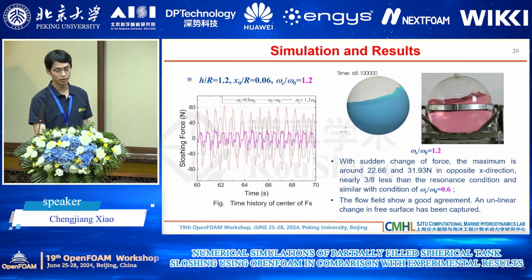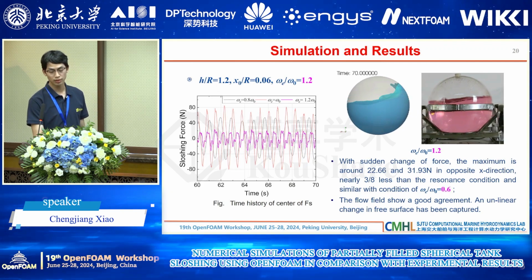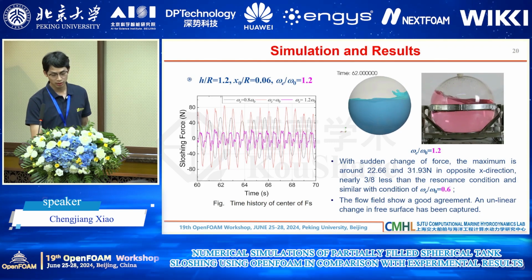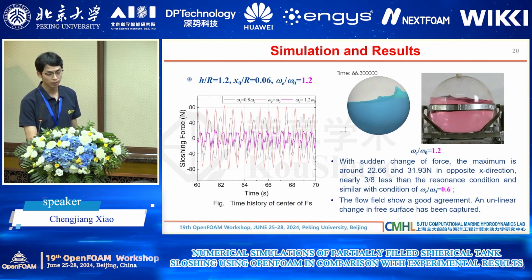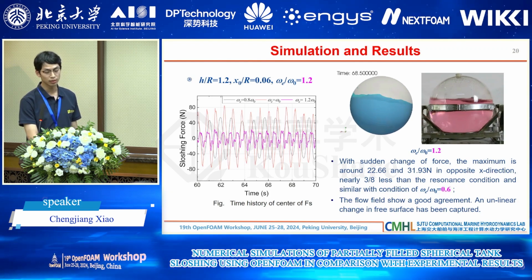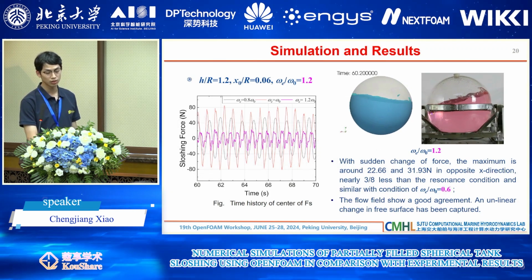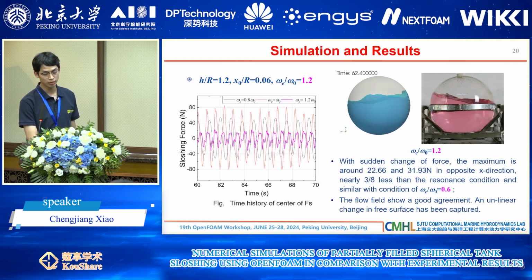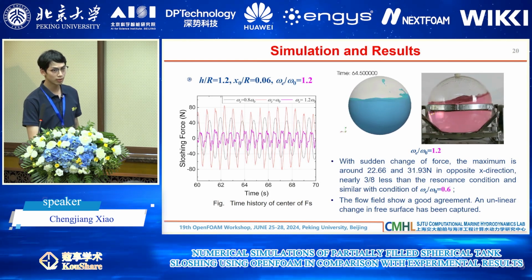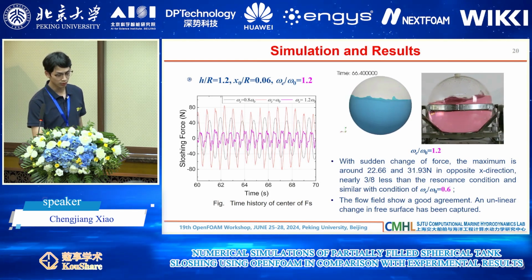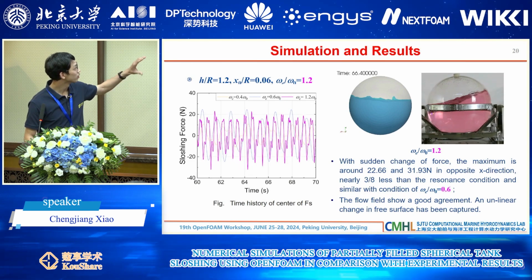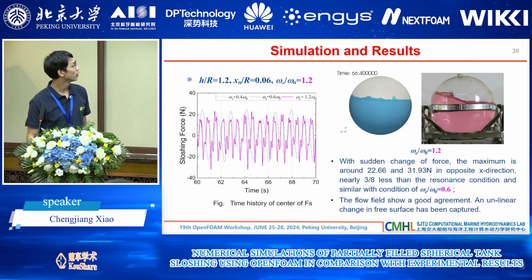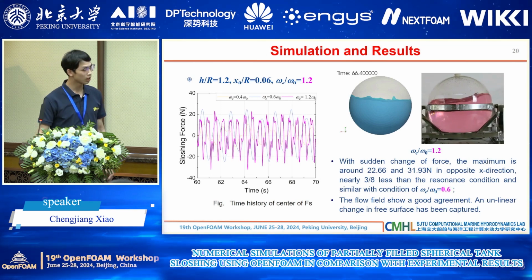The maximum is around 22.66 and 31.93 in opposite x directions, nearly 3/8 less than the resonance condition, and similar to the condition with omega e to omega 0 equals 0.6. We can see that the sloshing force is decreased on a large scale.